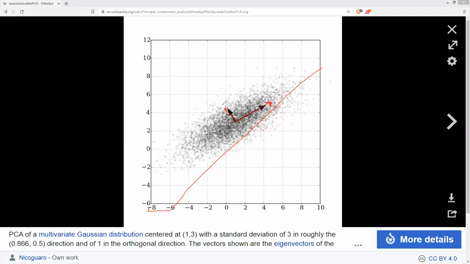So in principal component analysis, this is the original coordinate system, and we find a new coordinate system such that the first principal component is in the direction of maximum variation, and the second coordinate is orthogonal to the first and explains the remaining largest variation. Good. And then let's go back.